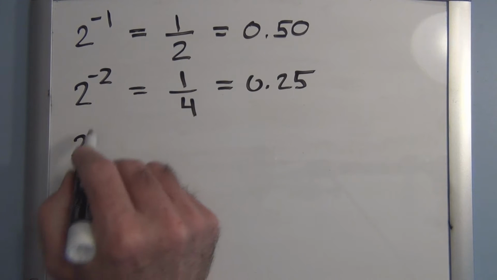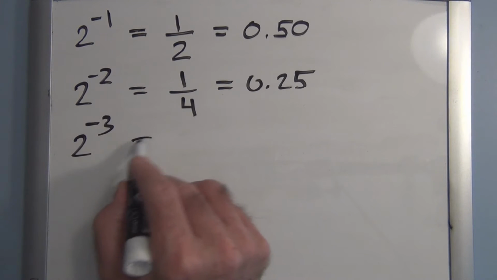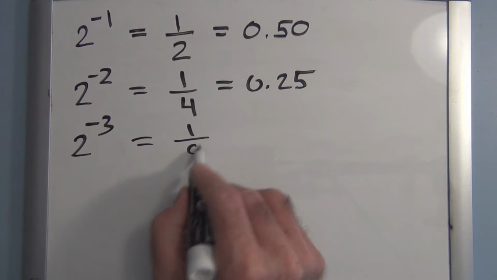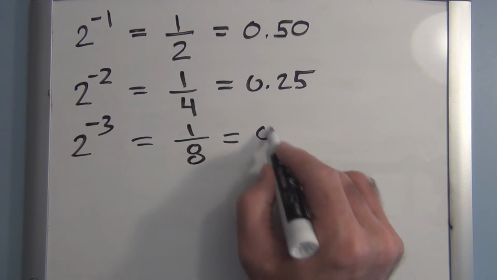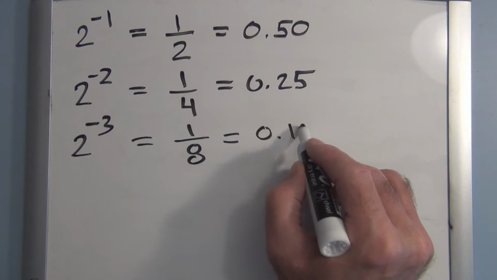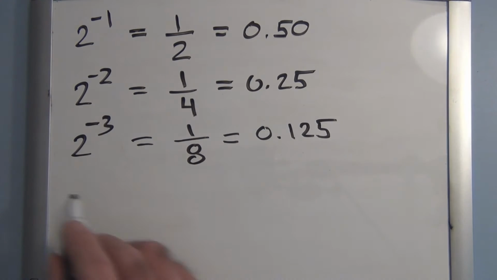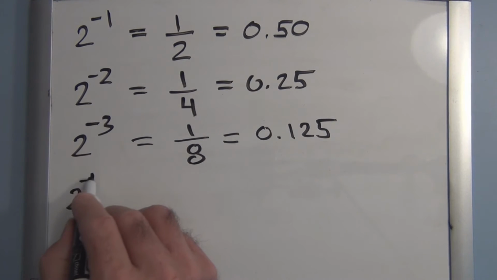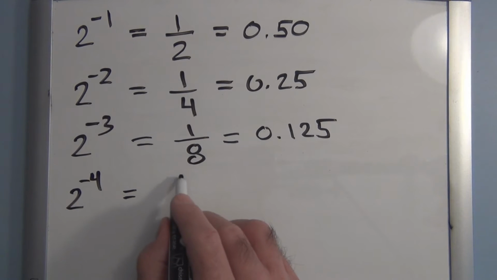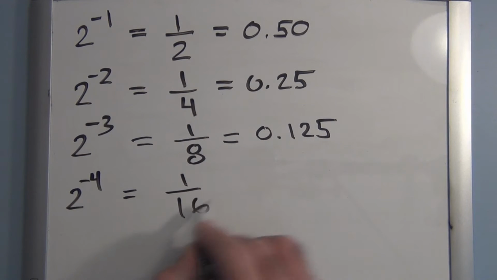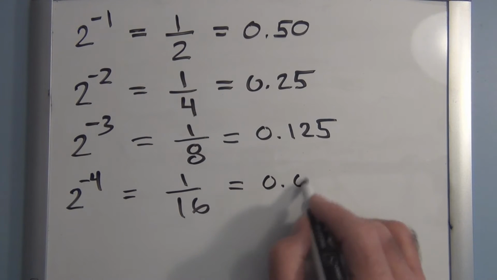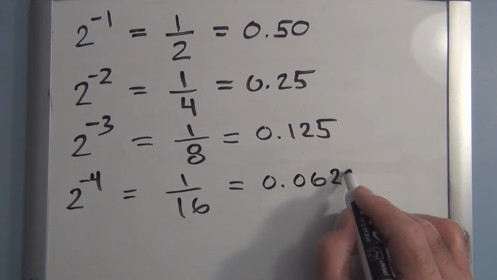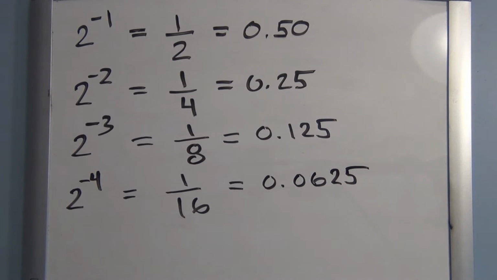And we have 2 to the minus 3, which is equal to 1 over 8, which is equal to 0.125. And we have 2 to the minus 4, which is equal to 1 over 16, which is equal to 0.0625.